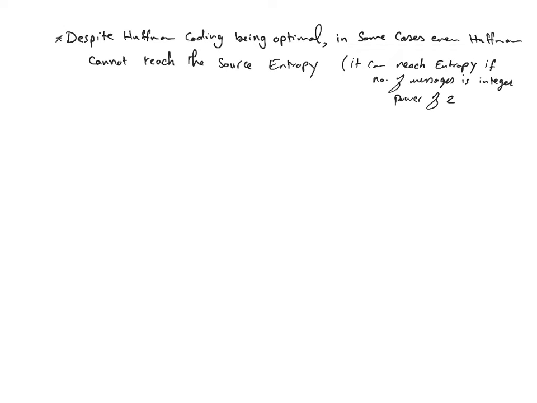So for example, if this source had 8 messages and you used the Huffman method, you would have found that Huffman is giving you exactly the entropy. Or if it was 16 messages, so these are 2 to the power of some integer, right? So 8, 16, 32, and so on. But if it is 10, if it is 15, if it's 20, in those cases, you might not be able to reach the entropy of the source.